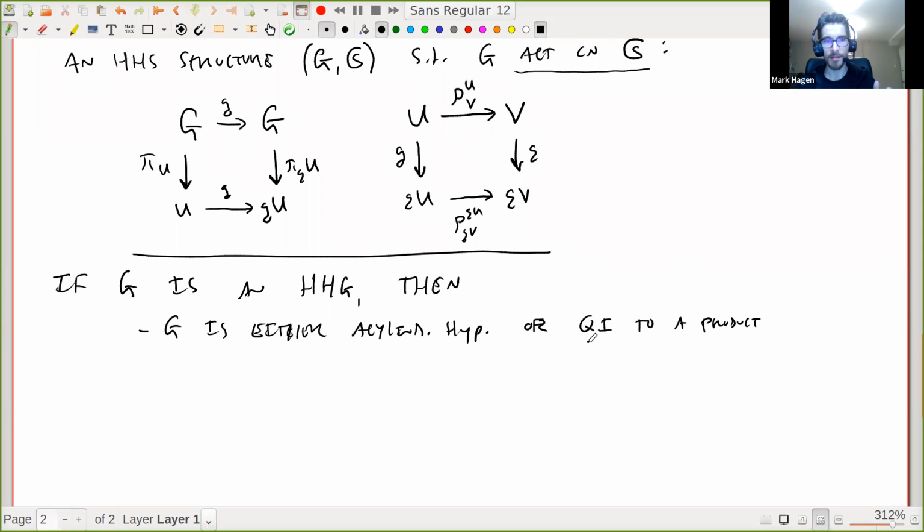There's a few results like this, and I kind of think of them as being like the HHG version of the rank rigidity conjecture for CAT(0) groups. G also has finite asymptotic dimension.